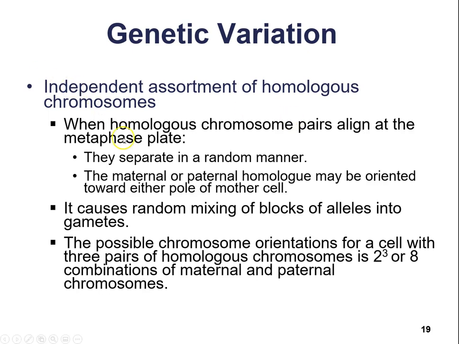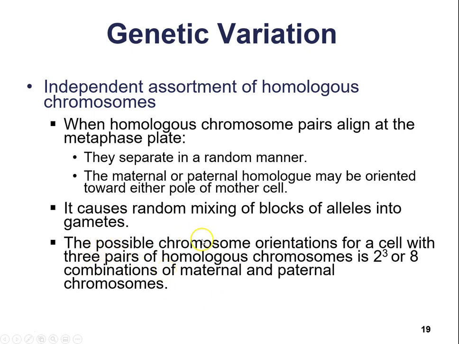It says here, when homologous chromosome pairs align at the metaphase plate, they separate in a random manner. The maternal or the paternal homolog, I'm going to show you a picture in a second, may be oriented towards either pole. Depending on which way they're facing, that's which way they're going to go. So you just get random mixing of these alleles.